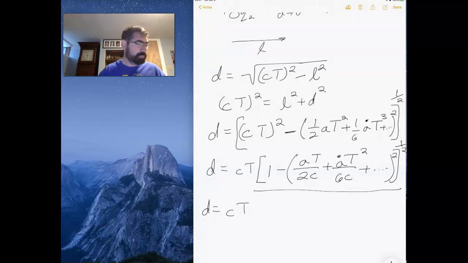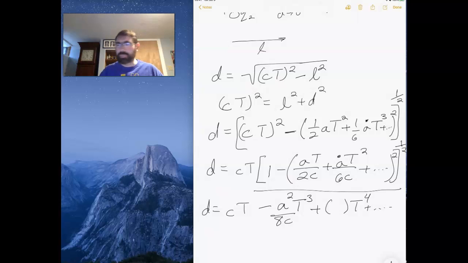So we get ct minus a squared t cubed over 8c plus something in parentheses times t to the fourth plus ... Essentially, we multiplied out the expression that's squared in the parentheses, and then took the binomial expansion of the square root, and we get something like this.